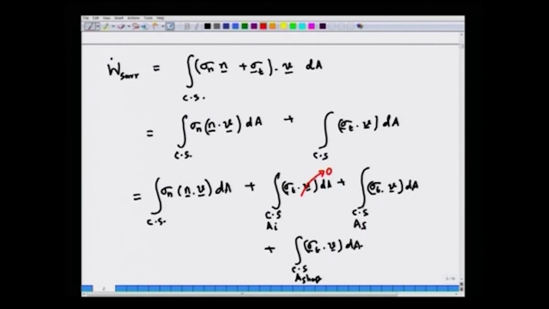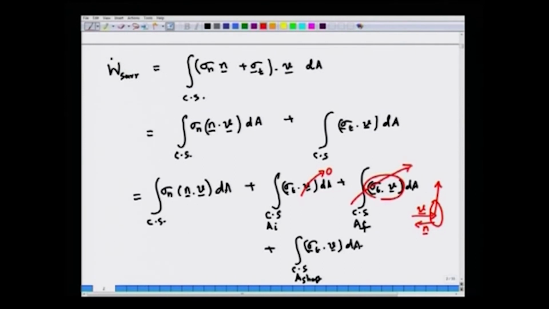If you look at the control surfaces over the flow areas, let us say this is the direction of velocity. If you choose the control surface such that the unit normal is perpendicular to the flow direction... sorry, the control surface perpendicular to the flow direction, then the tangential stresses will act in the direction perpendicular to the velocity. So, these two vectors are orthogonal.